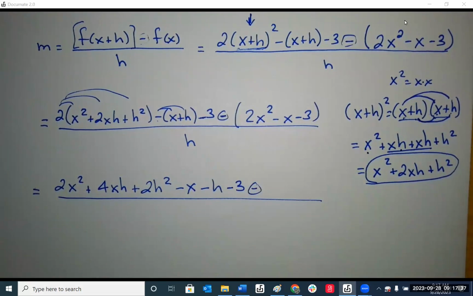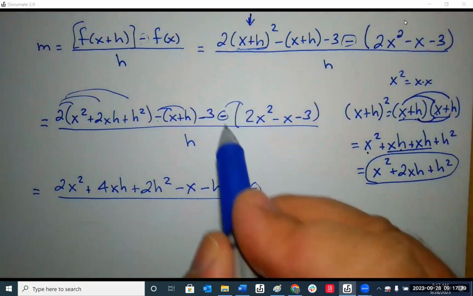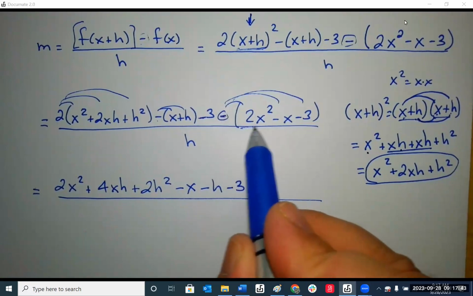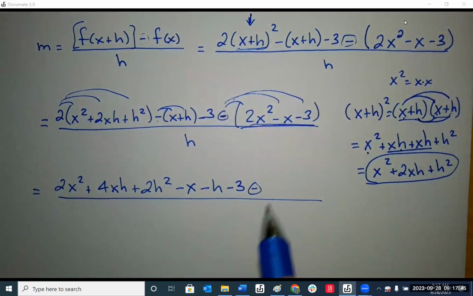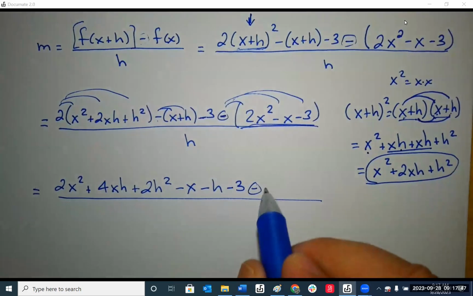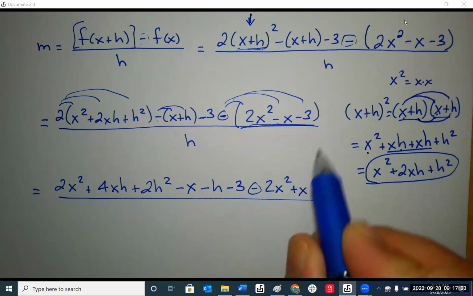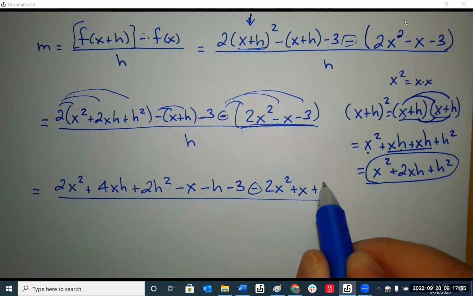And there's that minus. It gets distributed. Basically all this minus sign does is change the sign of everybody inside the parentheses. So from +2x², it becomes −2x². From −x, it becomes +x. From −3, it becomes +3.